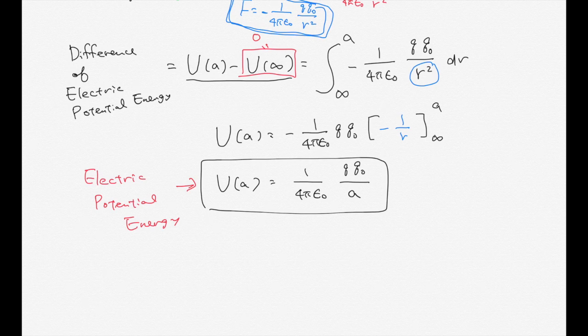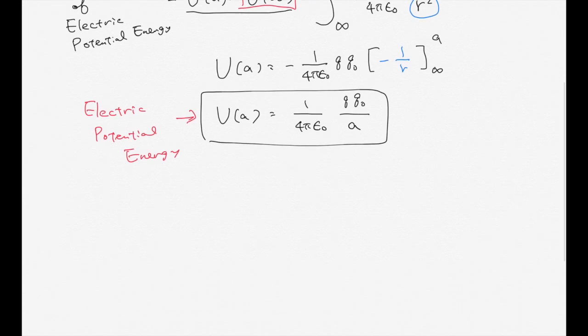Now we'd like to introduce a new term, the electric potential. Sometimes we use V, or sometimes the same notation. Electric potential is defined as U divided by Q sub 0.